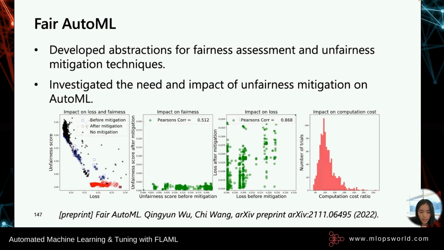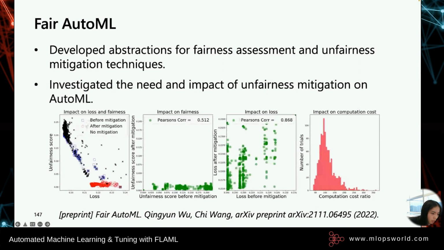More specifically, our case study shows that AutoML itself can already find models with various degrees of fairness, but they are still not good enough in general. So the results shown in the first figure, the black dots show the unfairness score and the loss for the points found in an AutoML process.